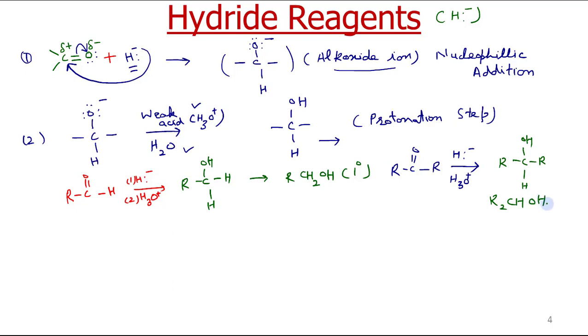This is a secondary alcohol. So depending upon whether we have started from an aldehyde or a ketone, if we start from an aldehyde, the product formed is a primary alcohol, and if we start from a ketone, the product formed is a secondary alcohol. Overall we can say this reaction is a nucleophilic addition reaction.